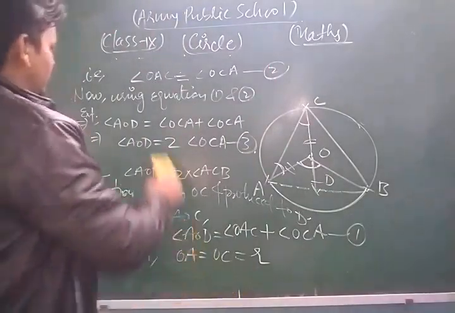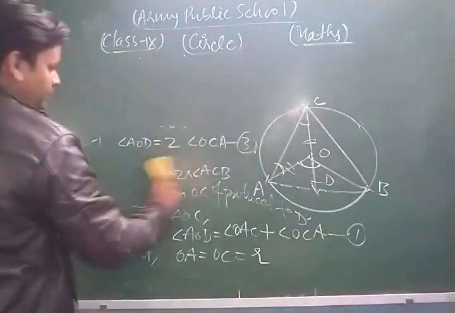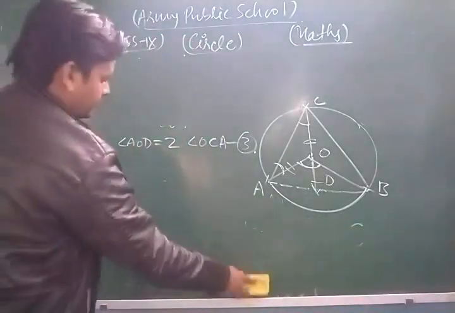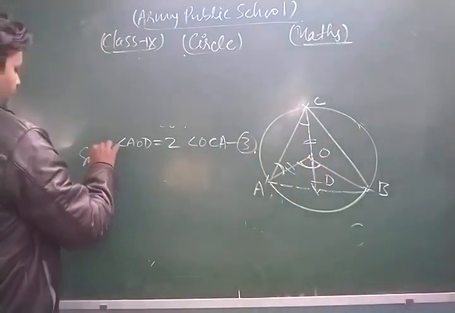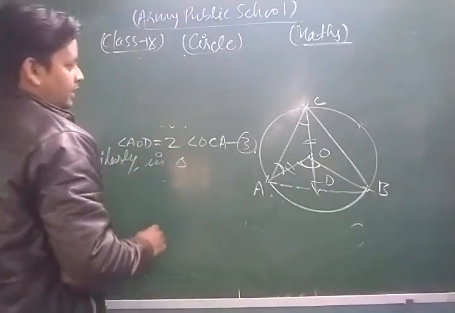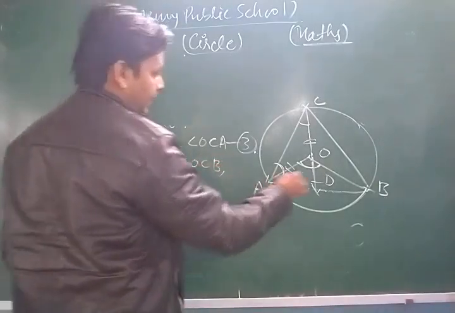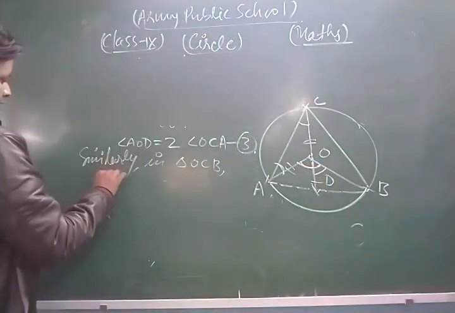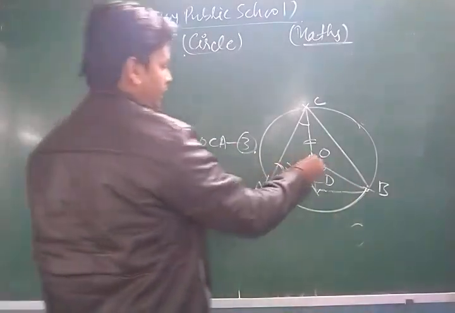Similarly, dear friends, in triangle OBC, the exterior angle BOD is equal to 2 times angle OCB.